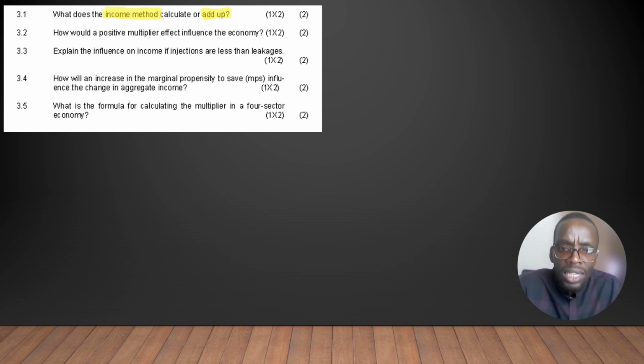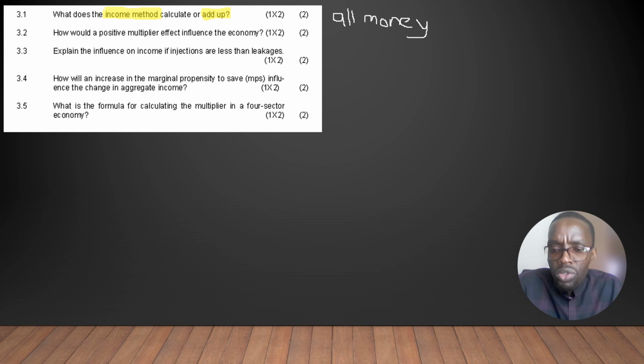In other words, it adds up all the money that was earned by households as a remuneration for the factors of production. All money that was received.